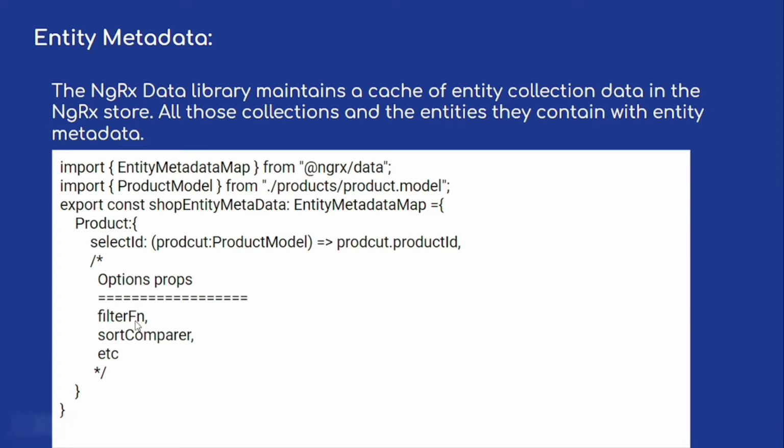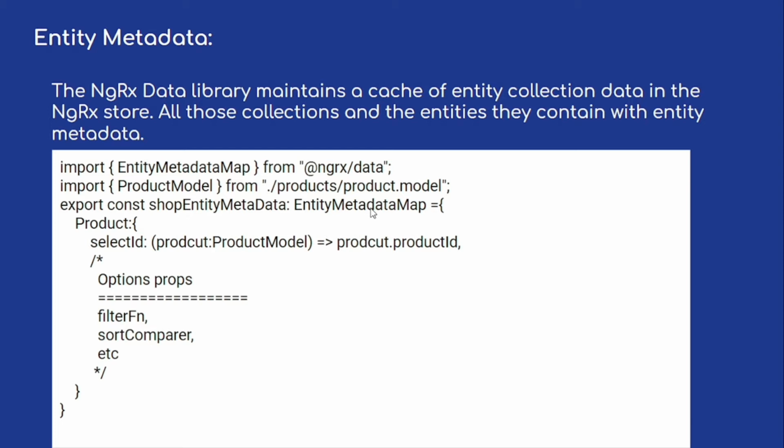We can specify a filter function method and a sortComparer method you can add. So this is how entity metadata map will work. All the entities of our application that are going to use the NgRx data store should be registered in the entity metadata. From the code perspective, it should be mapped inside of the entity metadata map.